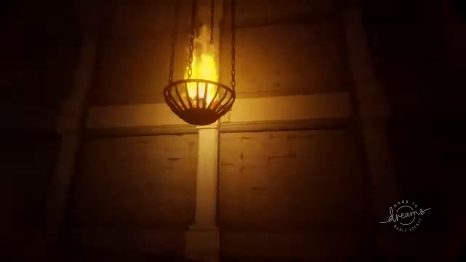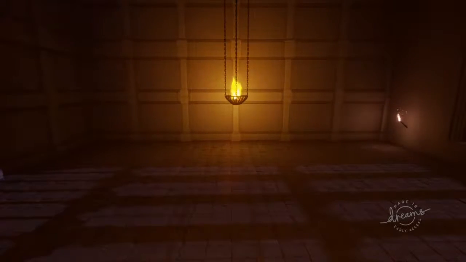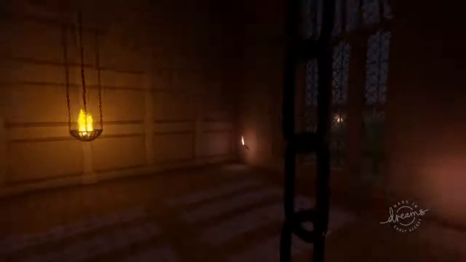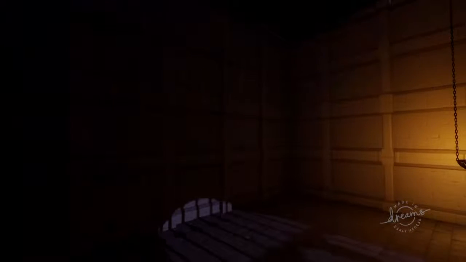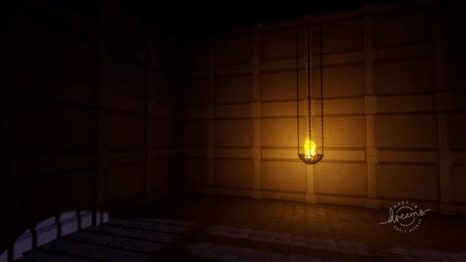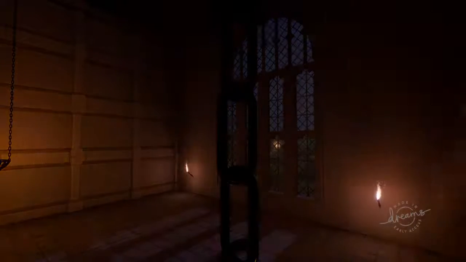Unlike in real life, there's another game like this, where when you are in a brighter space, everything is brighter, including stuff that's not supposed to be brighter.